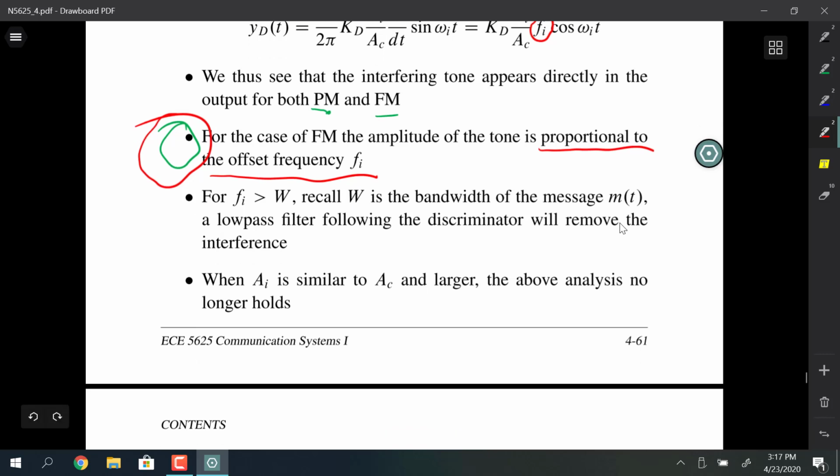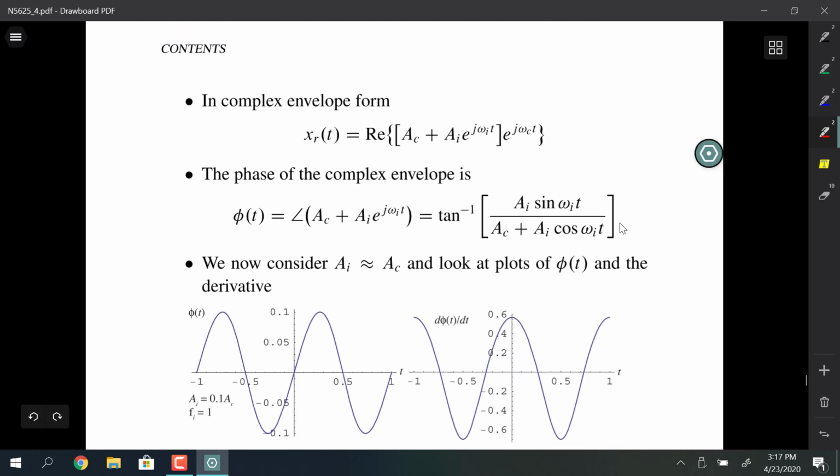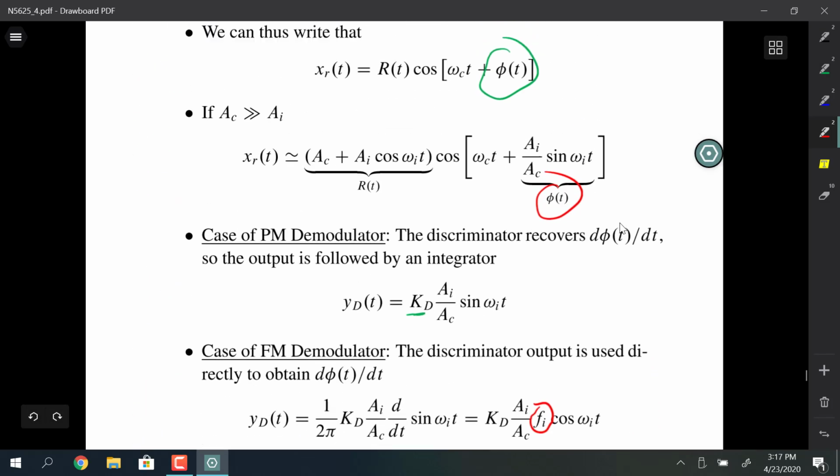So that's good, but it also tells us that there is a trend, and that will be when I want to refer to noise here in a little bit. When AI is similar to AC, in other words, the interfering tone is about the same amplitude as our signal of interest, then the analysis that we just went through doesn't hold anymore.